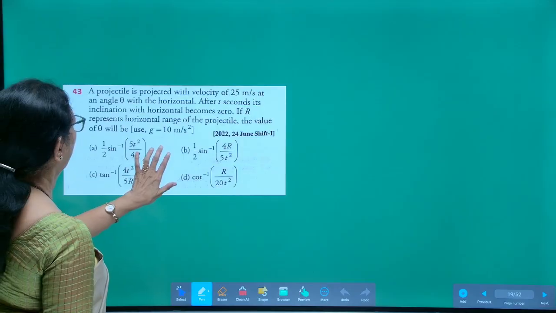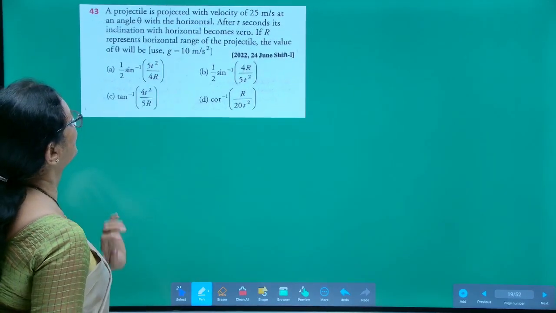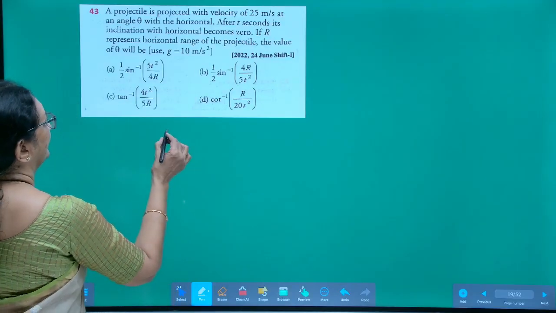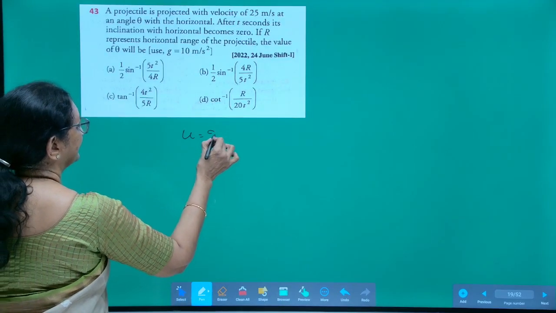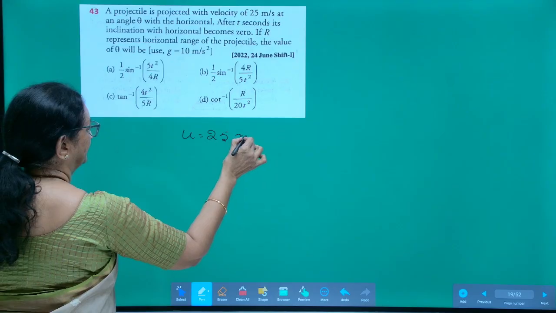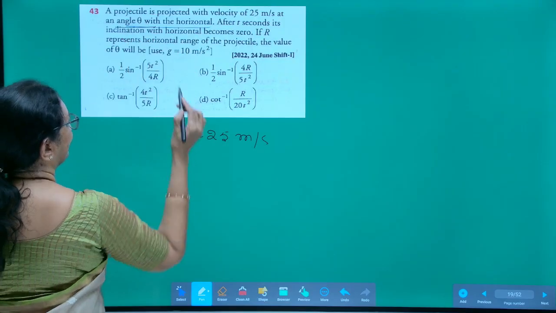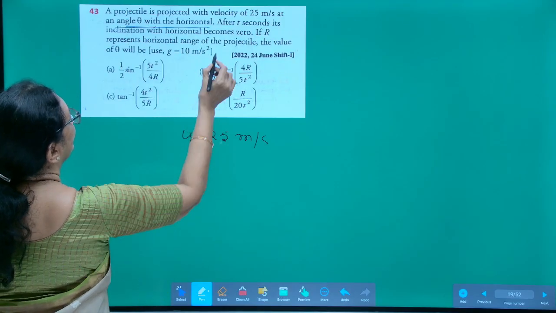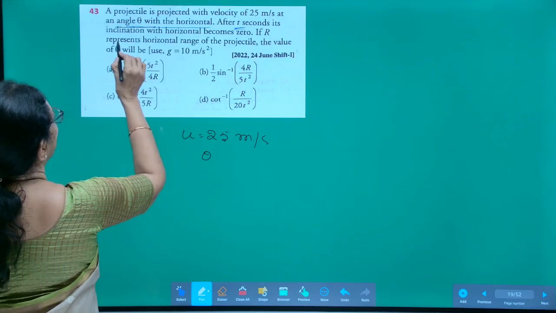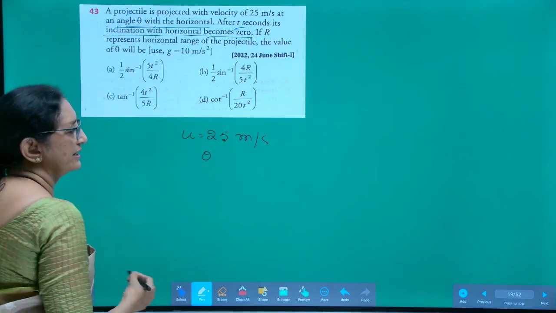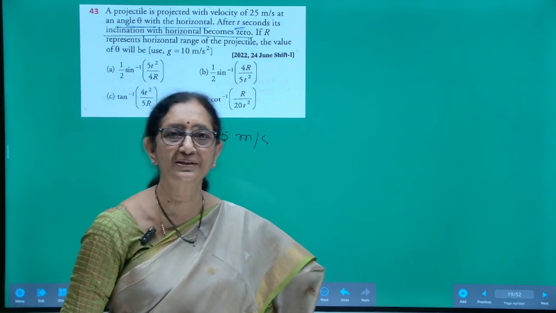Look here. A projectile is projected with a velocity 25 meter per second at an angle theta with the horizontal. After t seconds, its inclination with the horizontal becomes equal to 0.